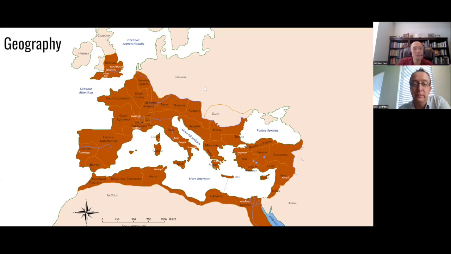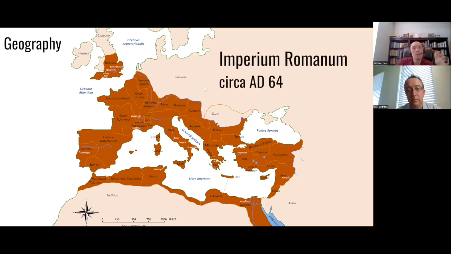If we look at the next slide, this textbook is based on the Imperium Romanum around AD 64. As you can see, this is the empire at this time. Unlike a lot of the traditional courses where we spend a lot of time in Italy and in Britannia, we have characters and storylines that span from the west end of the Imperium Romanum to the east end.